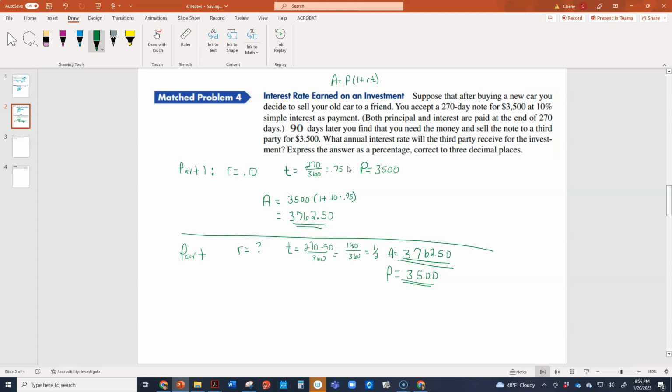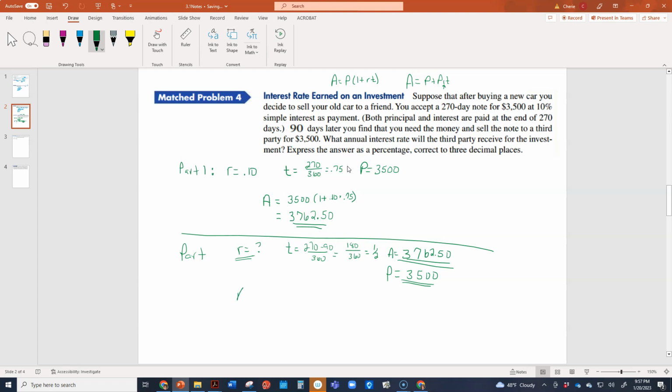So again, I'm going to use the same formula. Actually, I'm going to use the formula in the other form, P plus PRT, because I like that form. I think this formula is easier to solve for R because I don't have to get rid of those parentheses. But again, it's really just a personal preference.